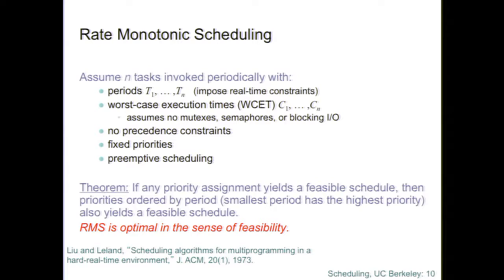Okay? It doesn't say it's the best assignment in any sense of priorities. Okay? It just says that if any priority assignment works, this one will work. So just use this one. Right? Yes?